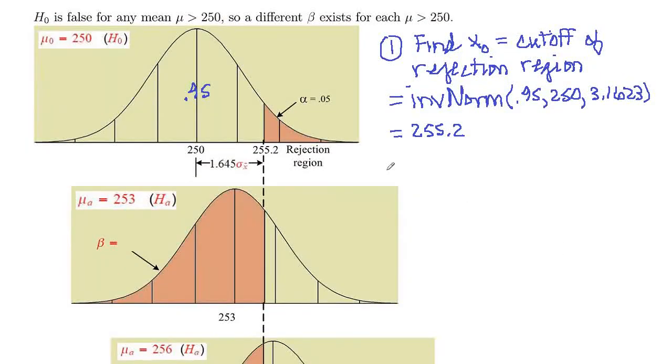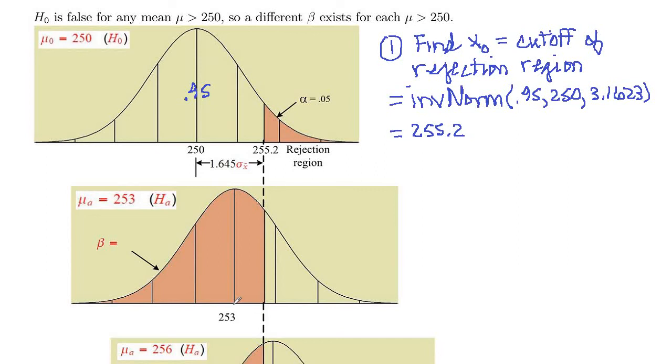And then, again, H0 is false for any mean that's greater than 250, and we're assuming H0 is false in order to calculate beta. So one possible alternative would be that the mean is 253. So this is what we call the alternative distribution. It's got a mean here of 253 at the center of the distribution.